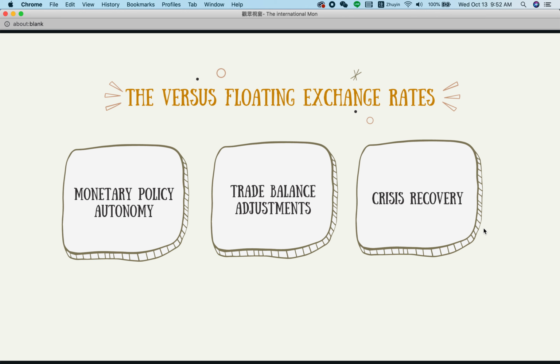And crisis recovery. Although under the floating exchange rate regime inflation would have an impact on the exchange rate, it should have no impact on business international cost competitiveness.